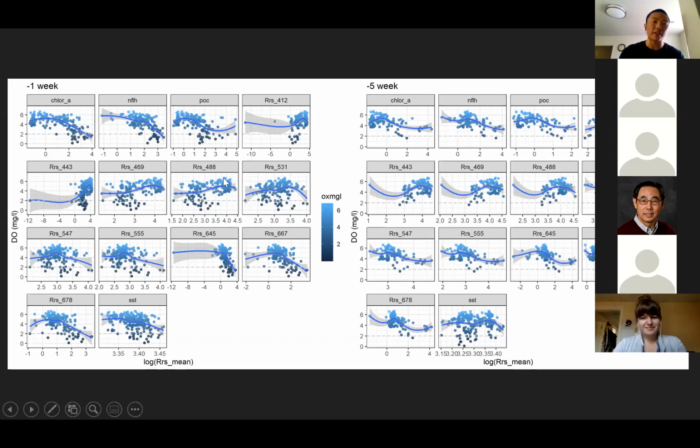Each plot means a different band versus the dissolved oxygen level. But over 4 weeks before, there is pretty low correlation.